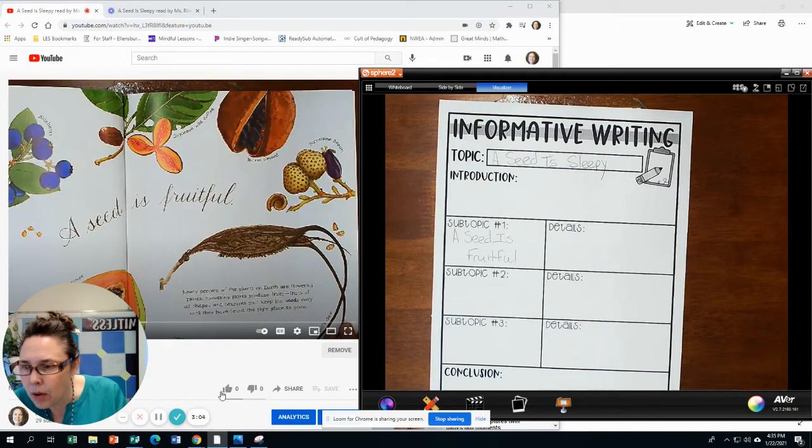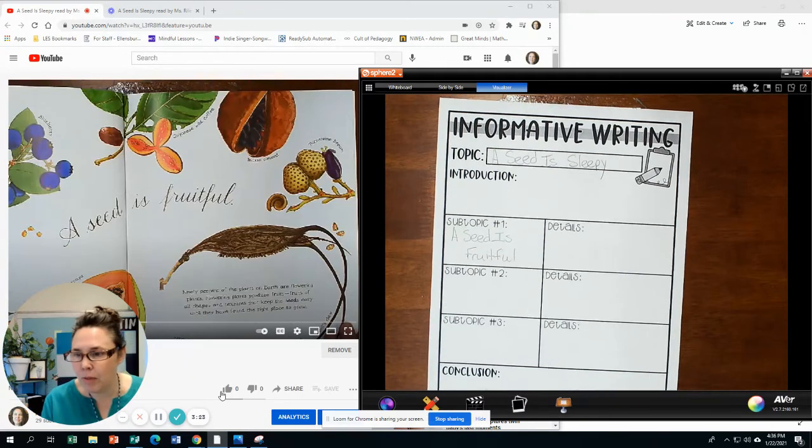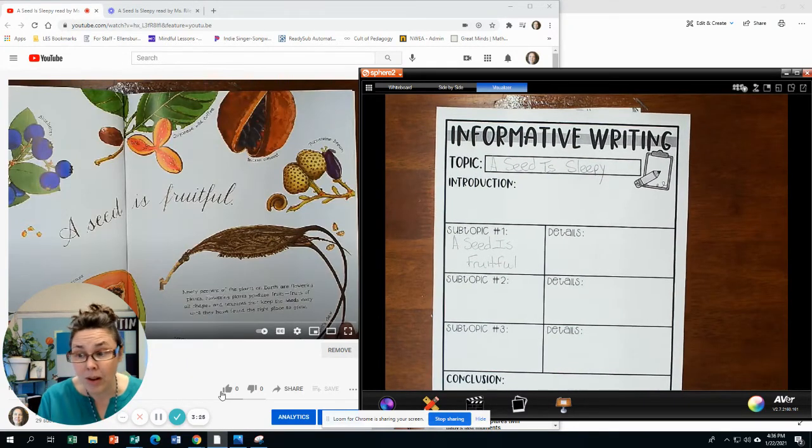90% of plants on Earth are flowering plants. Now that would be a good detail to add in there. Flowering plants produce fruit of all shapes and textures that keep the seeds cozy until they have found the right place to grow. So I like that 90% of plants on Earth are flowering plants. That seems like a good detail to me.